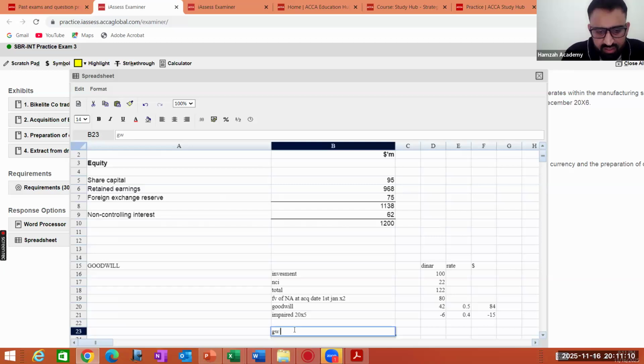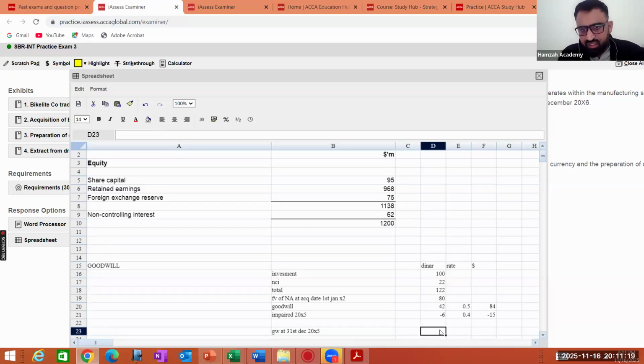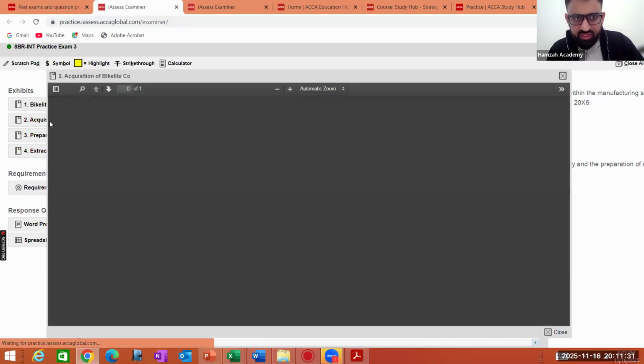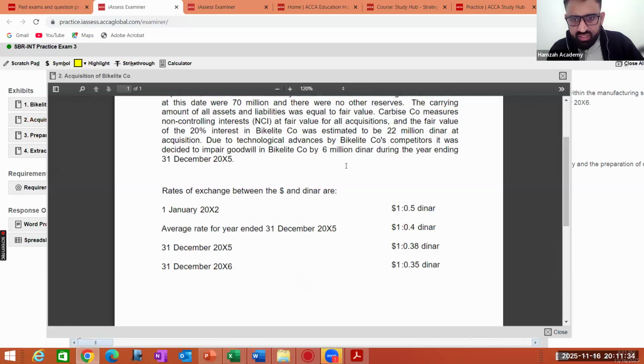Now the goodwill at 31st December 20x5 in terms of dinar is 36. And this goodwill will be translated using the closing rate at 31st December X5, which is 0.38.